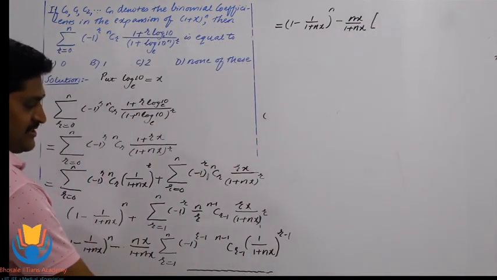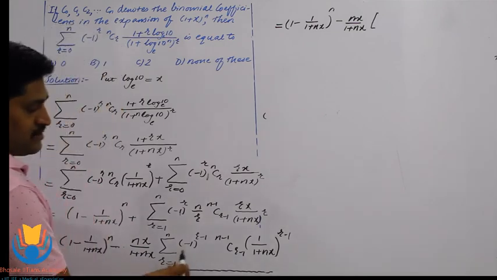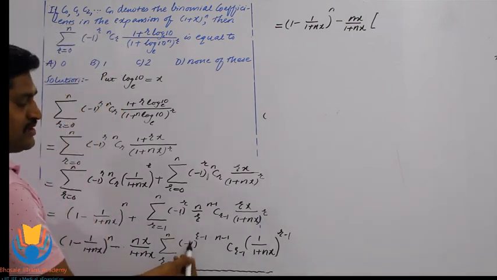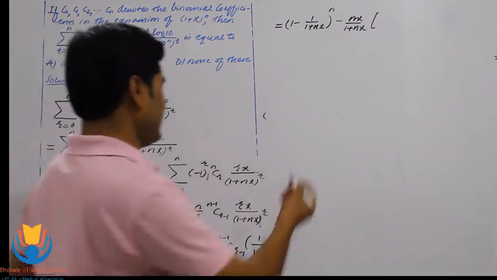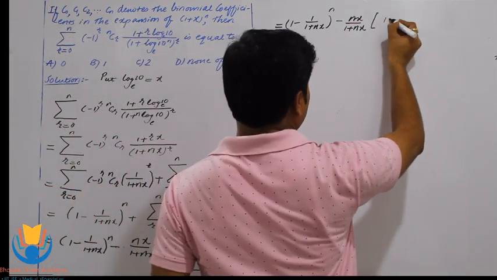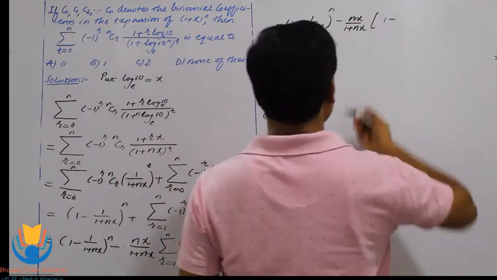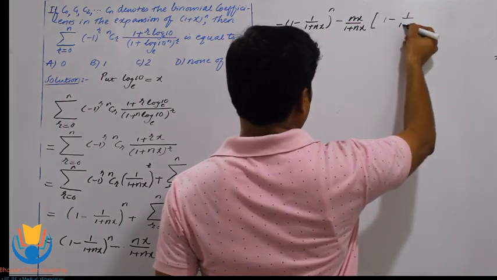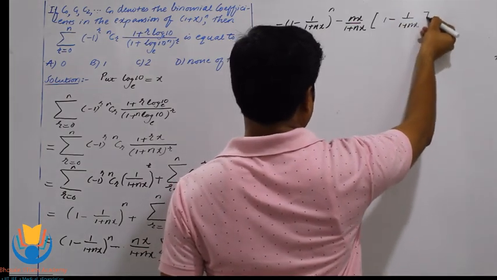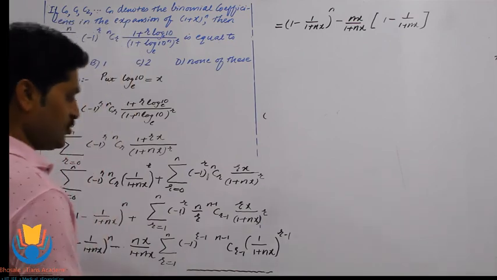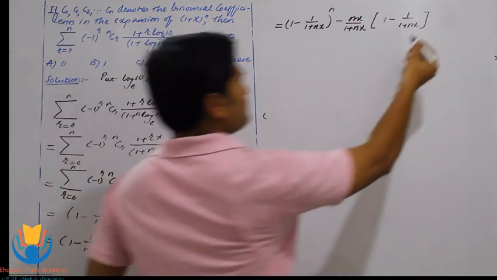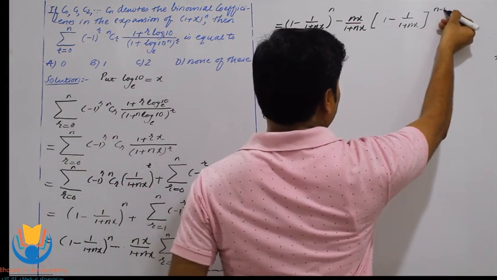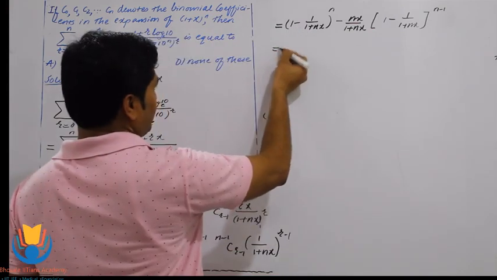So this part is nothing but the expansion of, here alternately plus minus signs are going to come. So here it is the expansion of 1 minus 1 upon 1 plus nx, but here that whole raised to n minus 1. So this is the same as the previous term. So let's simplify it again.